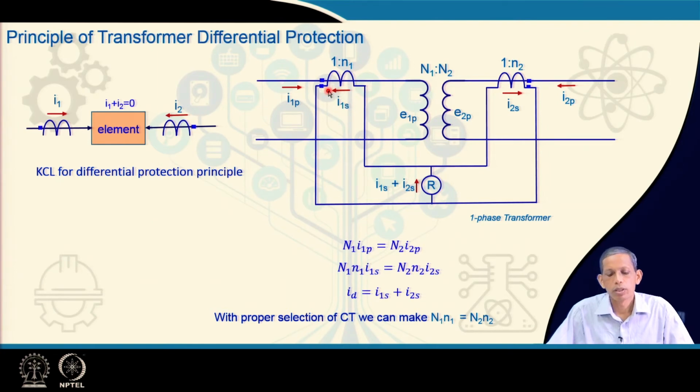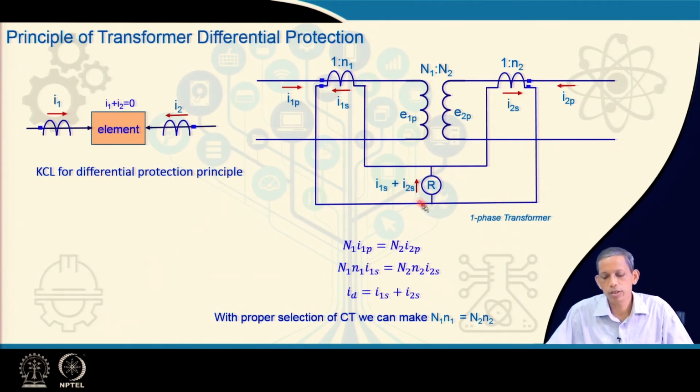So, the corresponding CT currents will be, the CT will be connected like this, and then in this differential path the corresponding current becomes I 1s plus I 2s, where I 1s corresponds to the primary side CT secondary current, and I 2s the secondary side of the transformer CT secondary current.